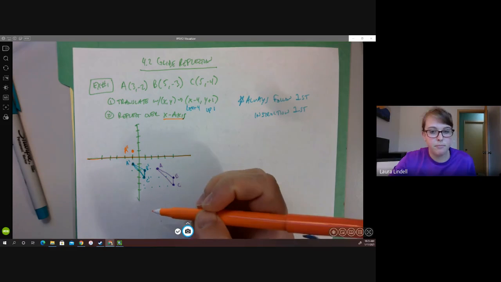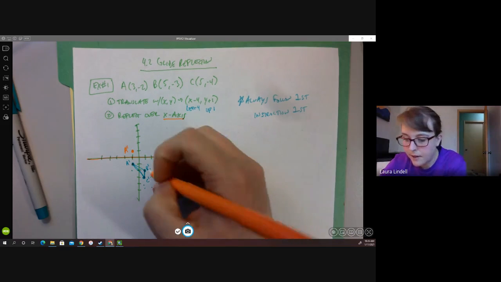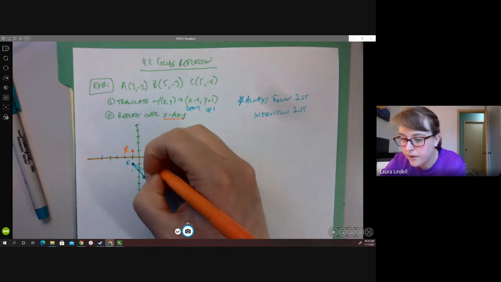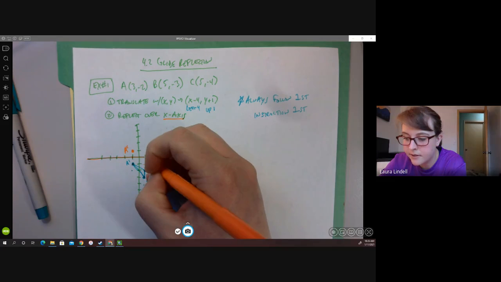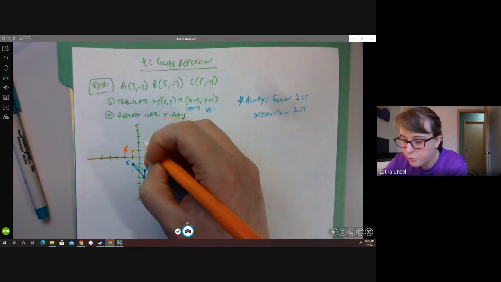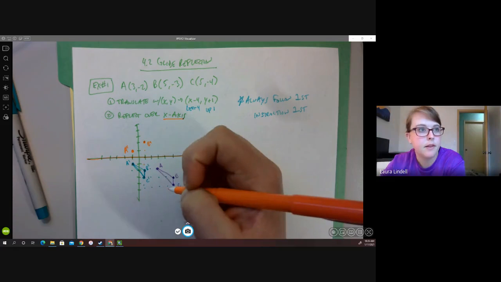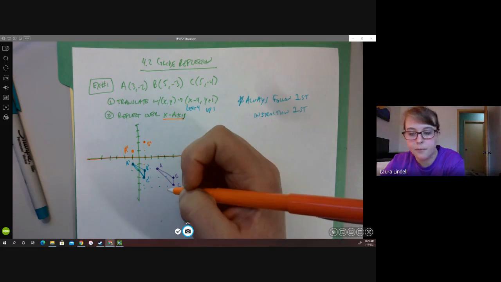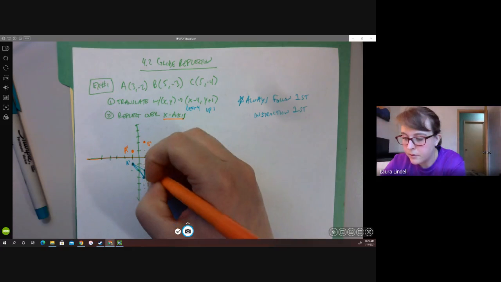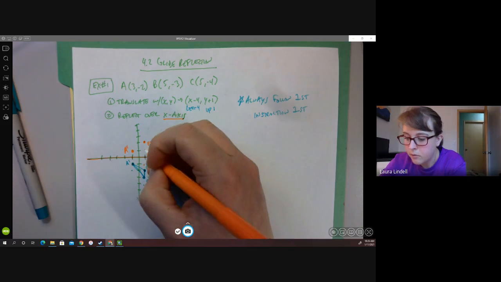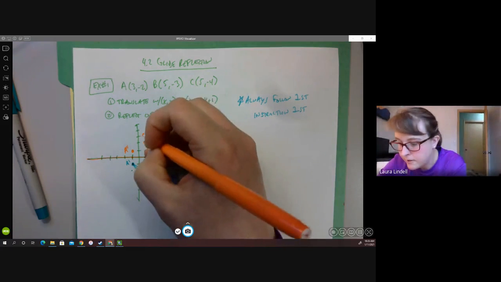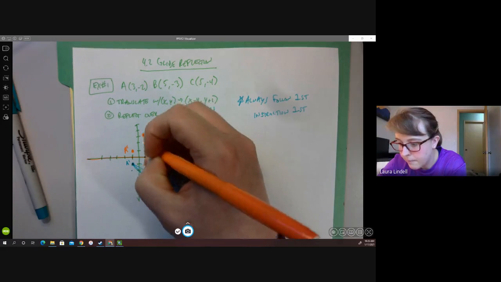Then we'll do the same thing with B and C. I'm going to count up 1, 2 to get from B to the axis. So then I go up 1, 2 more to get B double prime. And then we'll do the same thing with C to go up 1, 2, 3 to get there. So 1, 2, 3 past it to get us C double prime.